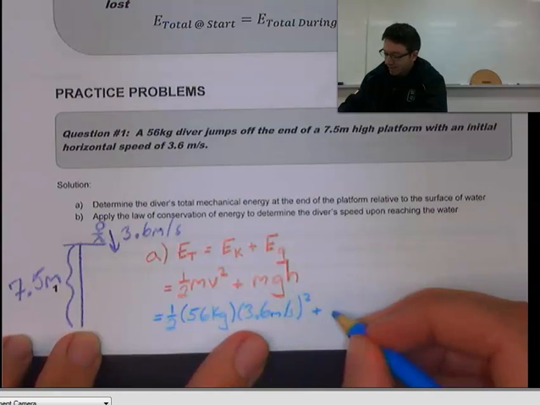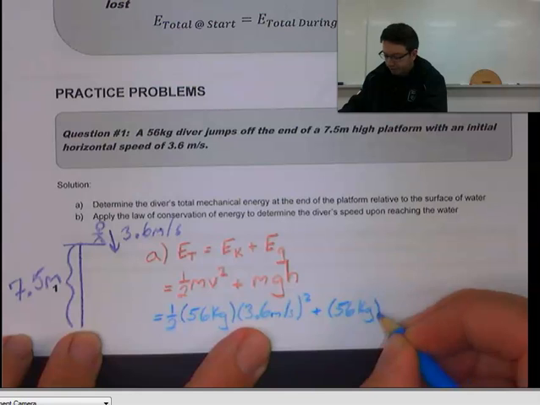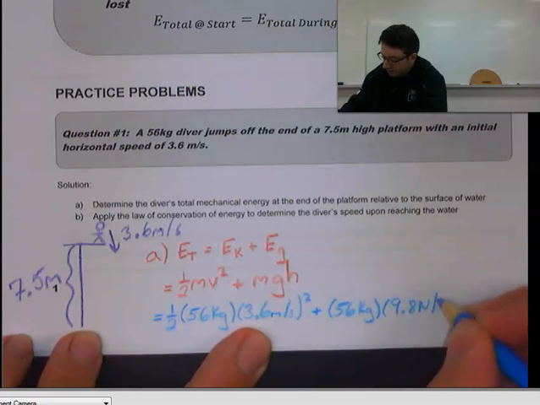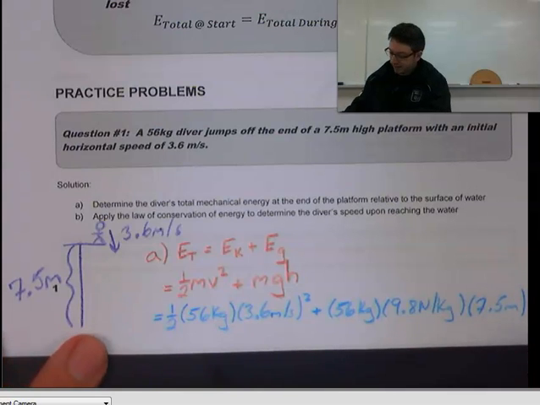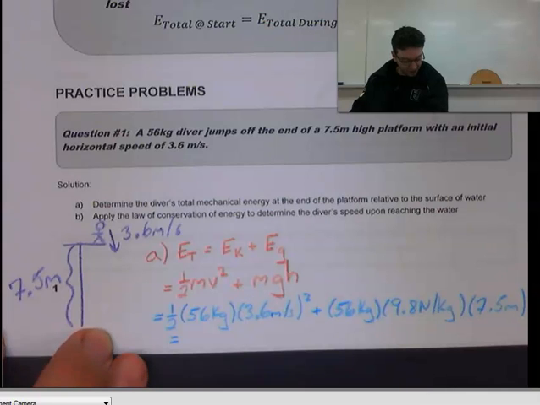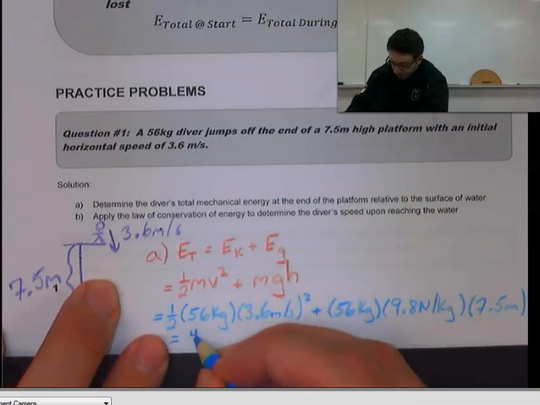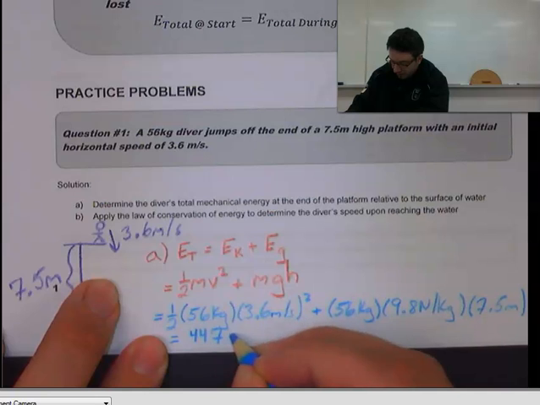Plus mgh, so mass again, 56, times g, which is 9.8, times our height, which was 7.5 meters. Okay, if you plug all that into your calculator, you'll get a total energy of 4,479 joules.